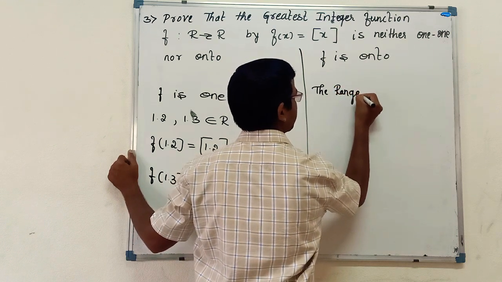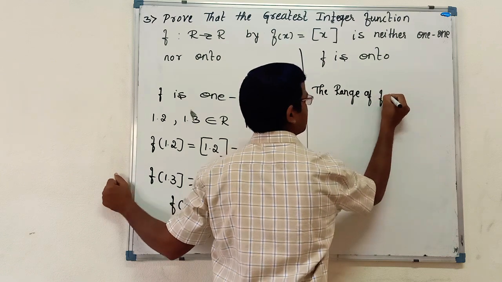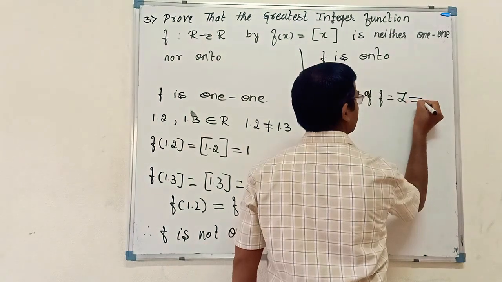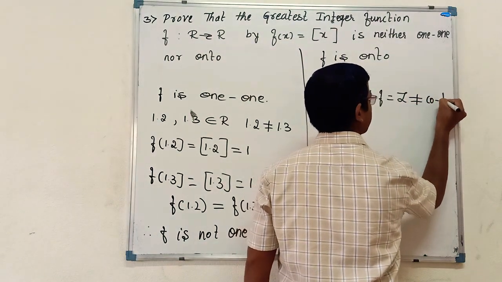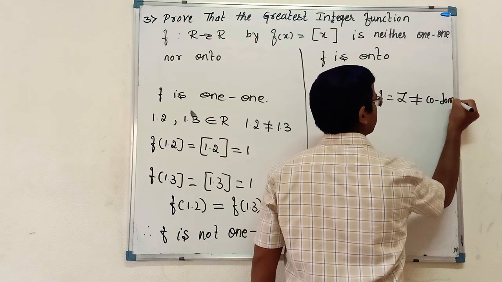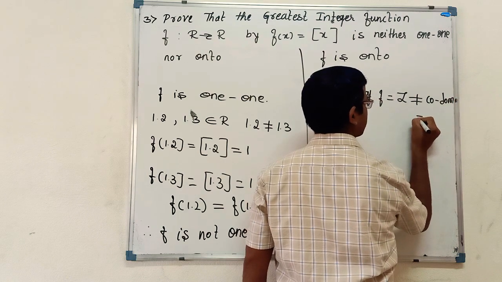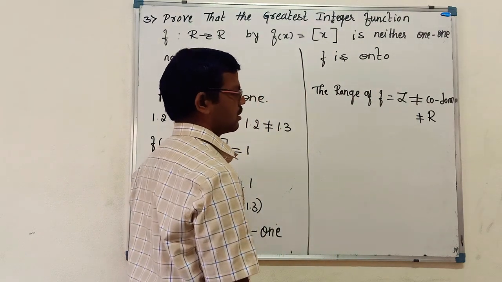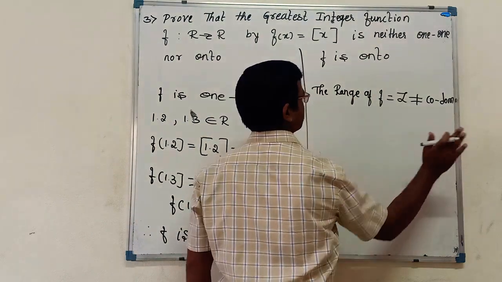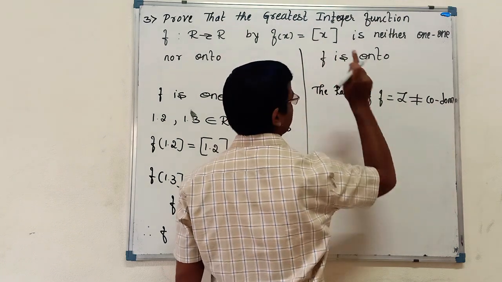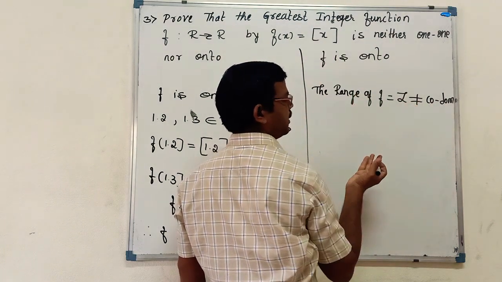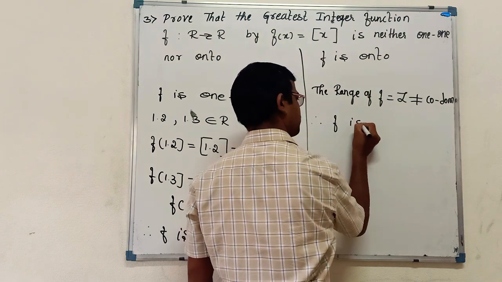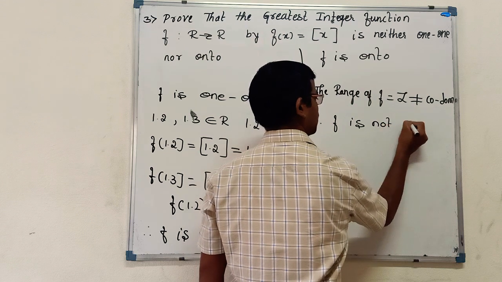The range of f is Z, the integers, which is not equal to the codomain R. Codomain, simply, is the real numbers. An integer set is never equal to the real numbers. Therefore f is not onto.